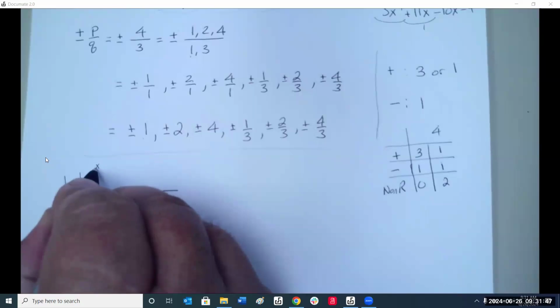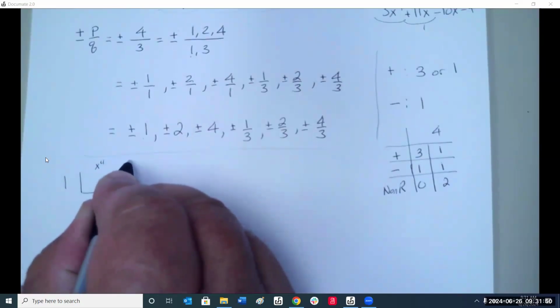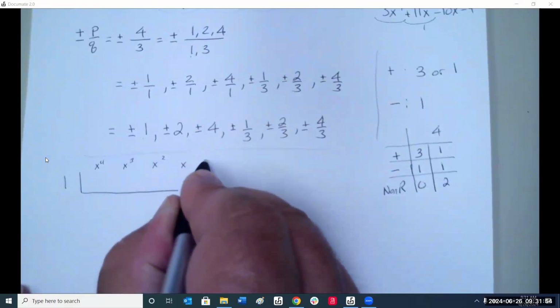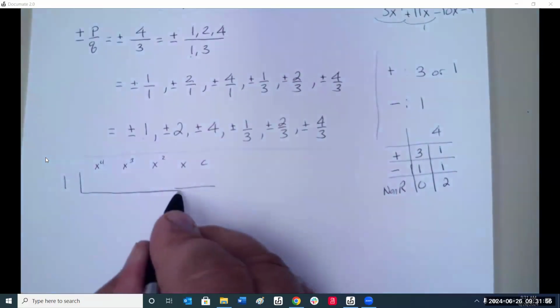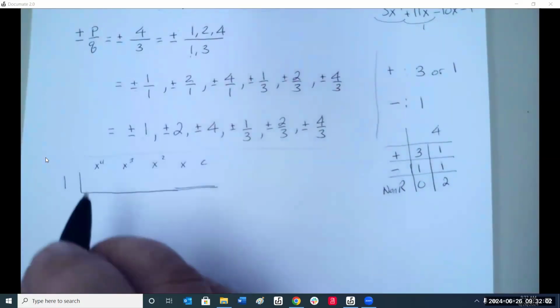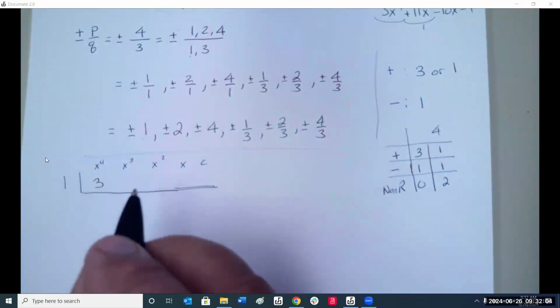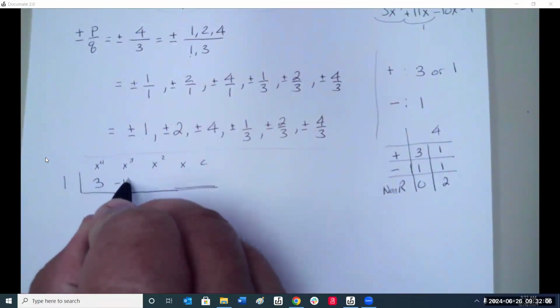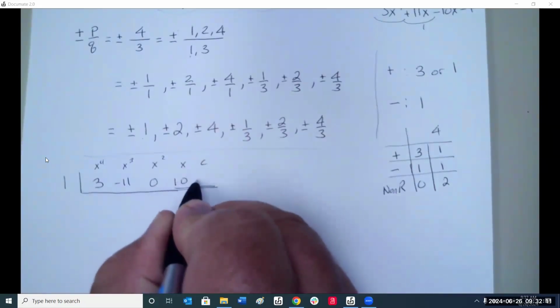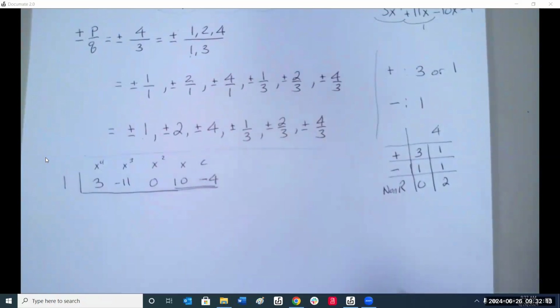Remember, we have x to the 4th, x to the 3rd, x squared, x, and a constant. We have to put numbers in each of those columns. So we have +3, -11, 0, 10, and -4.